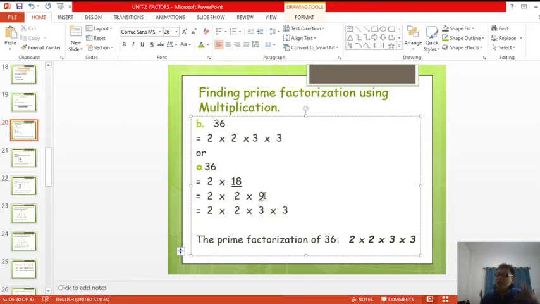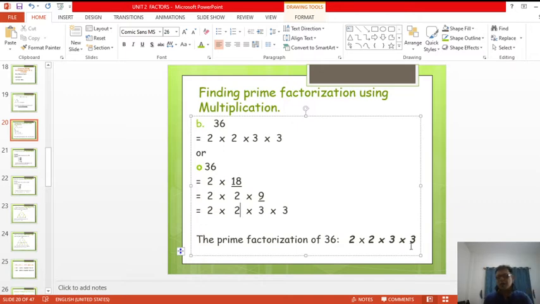So you still have to continue. The prime factors of 9 are 3 times 3. Therefore, the prime factorization of 36 is 2 times 2 times 3 times 3.